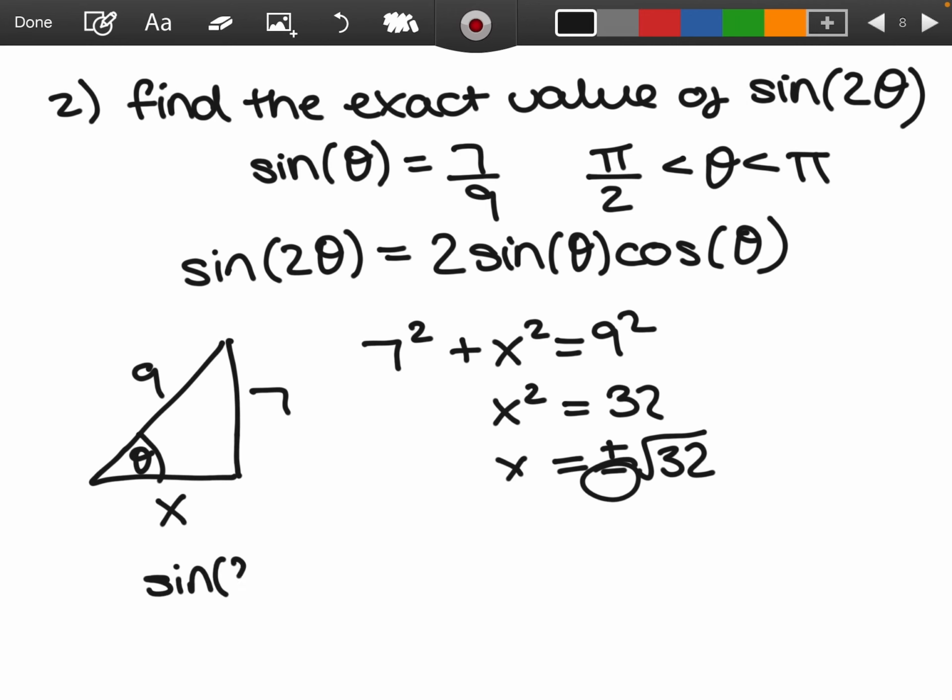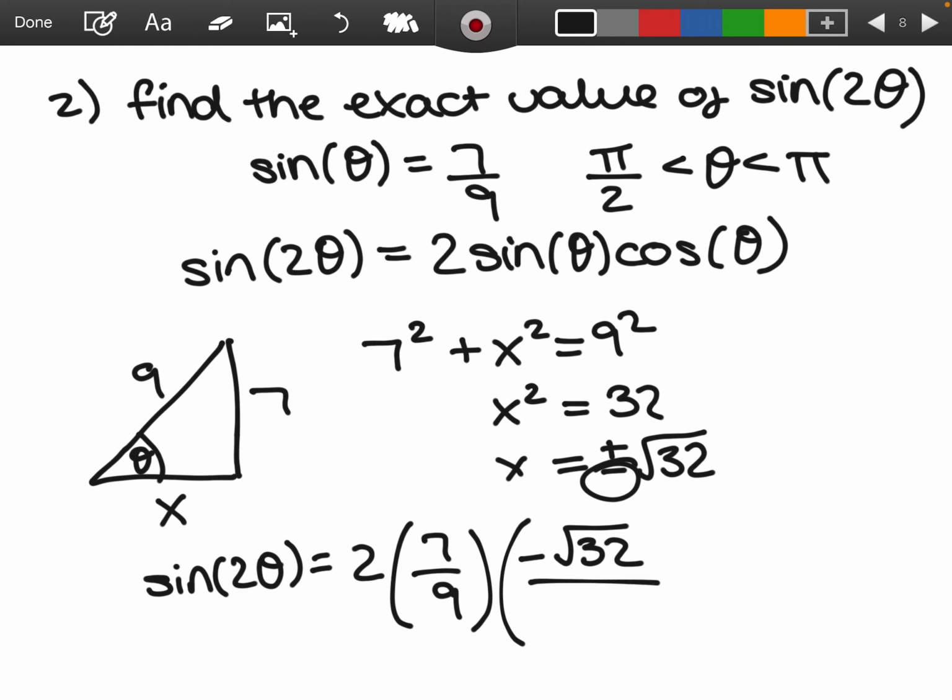So sine of 2 theta is going to equal 2 multiplied by sine of theta, which we already had as 7 over 9, multiplied by cosine of theta. So cosine of theta is going to be adjacent divided by hypotenuse. The adjacent we said was negative square root of 32, hypotenuse was 9. So if you multiply that together, you would get negative 14 times the square root of 32 over 81.